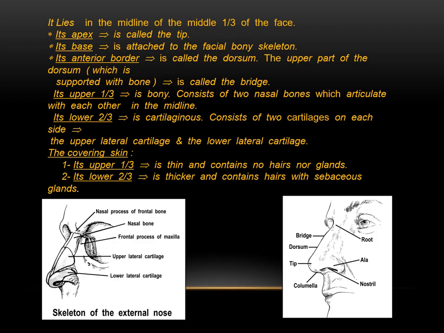The covering skin in the upper third is thin and contains no hairs nor glands. Its lower two-thirds is thicker and contains hairs with sebaceous glands. Watch both figures closely before turning to the next slide.